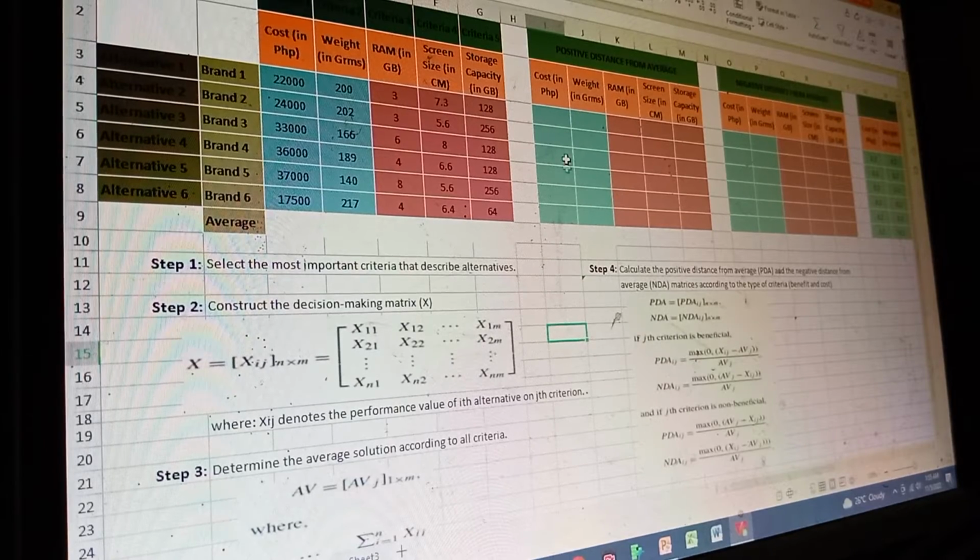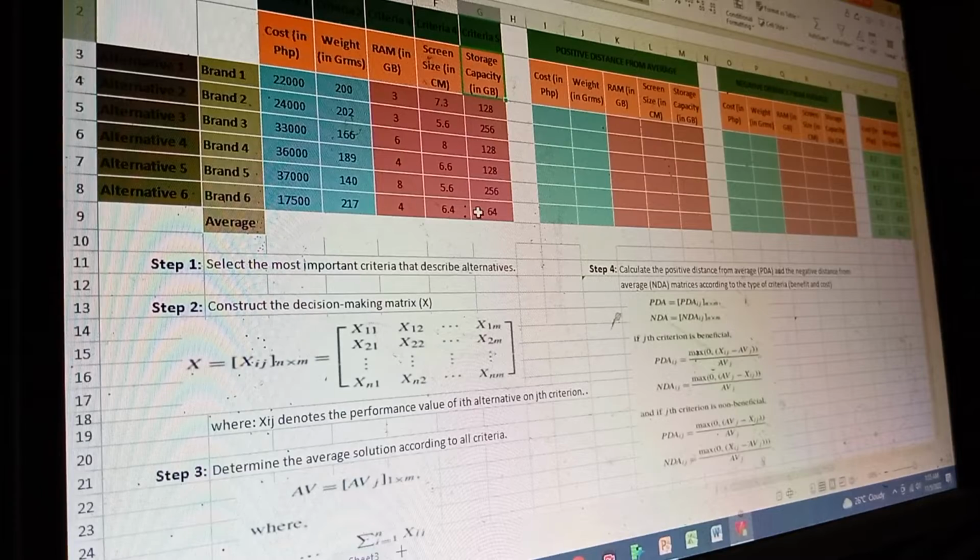So first, step 1, select the most important criteria that describe the alternatives. We have here the cost, the weight, the RAM specs of the gadget, screen size, and the storage capacity.